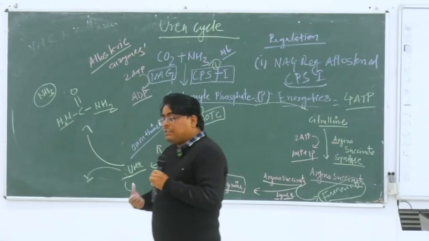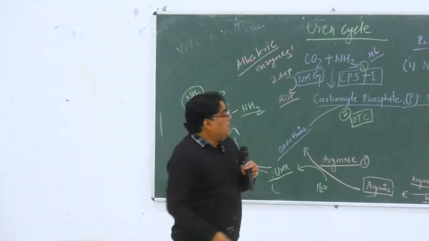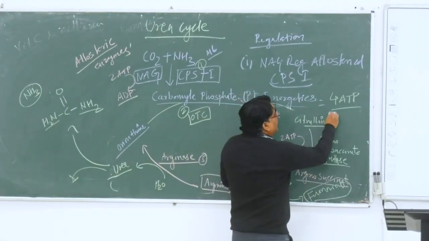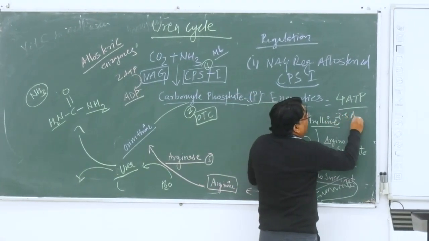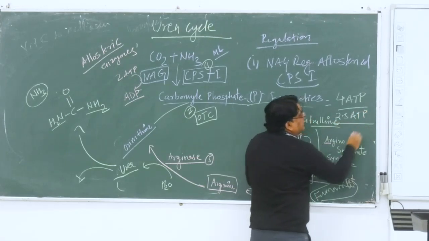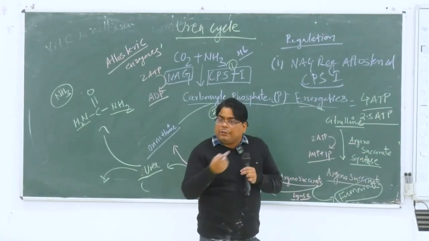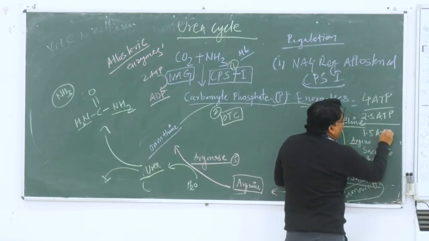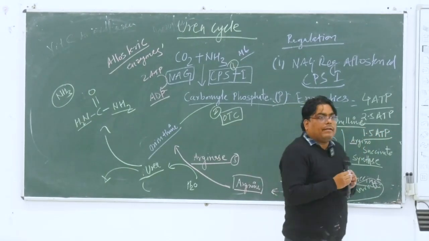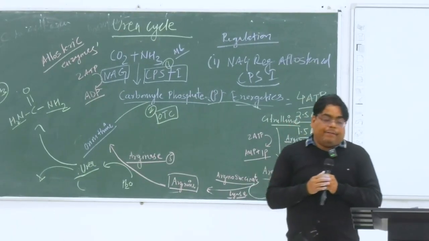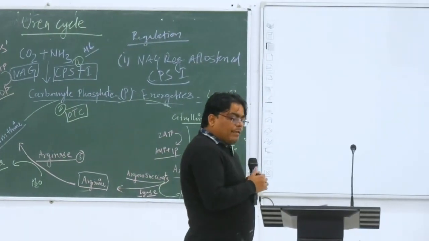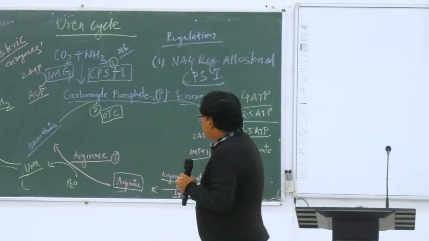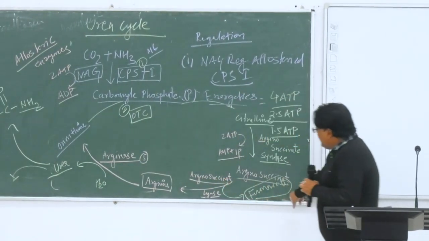And this oxaloacetate step utilizes 1 NADH, and 1 NADH means 2.5 ATP. So the net consumption of ATP for the urea cycle is 1.5. Okay, 1.5 is the net consumption because the cycles are interconnected with each other.